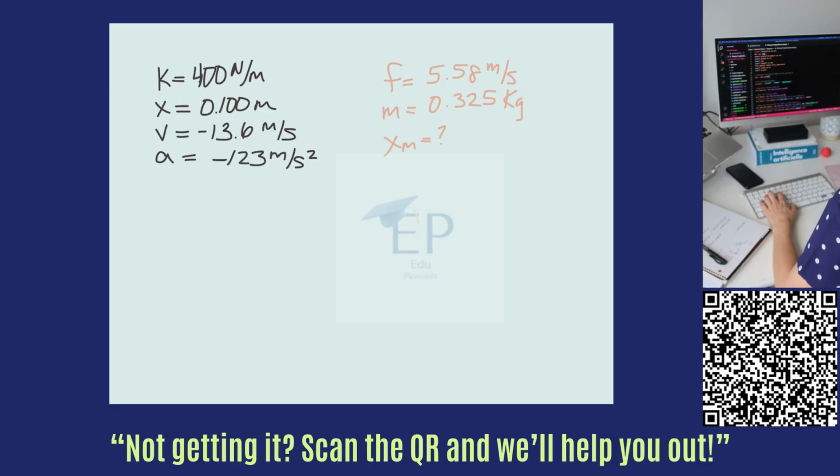The final part of the problem is finding the amplitude, and so we're going to use the velocity for that. So we have velocity equals negative omega times our amplitude. We know that the velocity and the position are measured when it's at equilibrium, so we don't have to worry about the sign portion of this function.